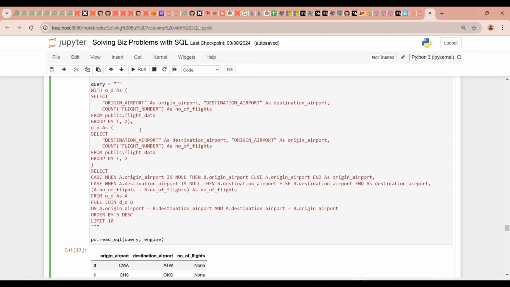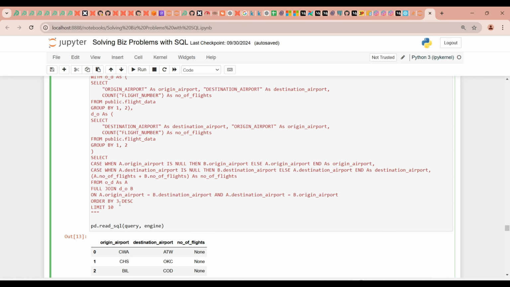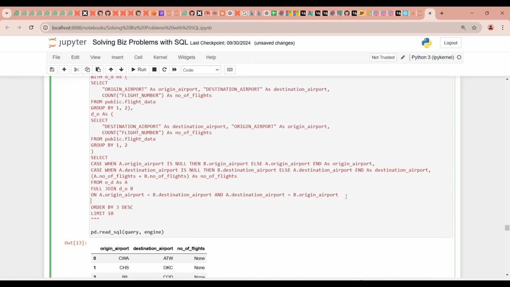Let me say, instead of ordering by 3, let me filter this first.